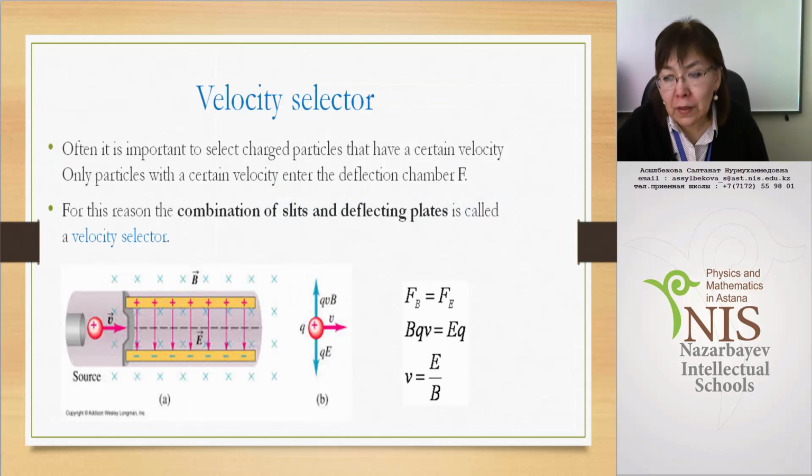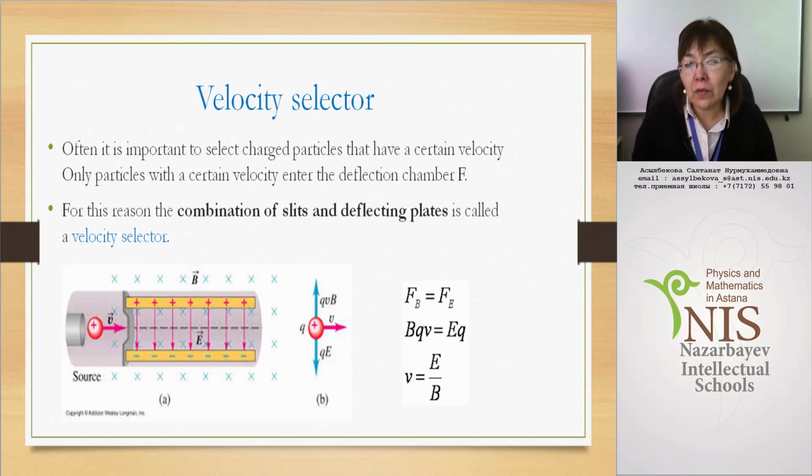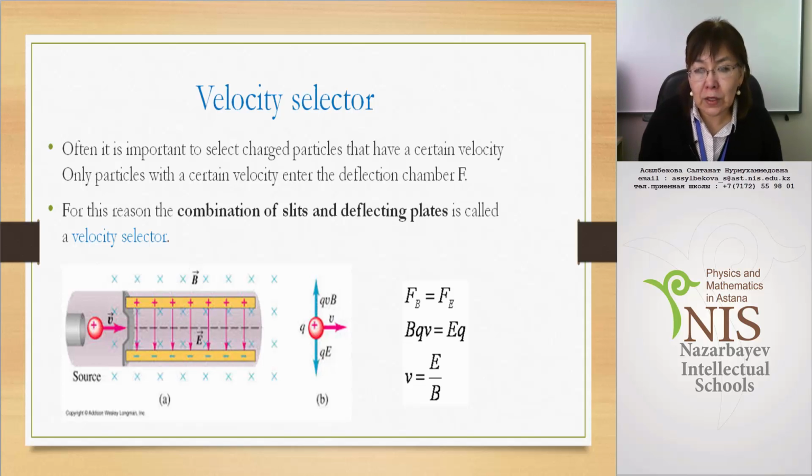But an interesting thing is when we can use the idea of Thomson in so-called velocity selection. Very often it is important to select charged particles which have a certain velocity, and the chamber is constructed this way using the idea of Thomson, so that only particles which have a certain velocity can enter the deflection chamber.